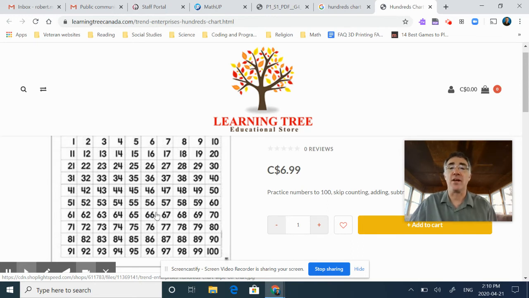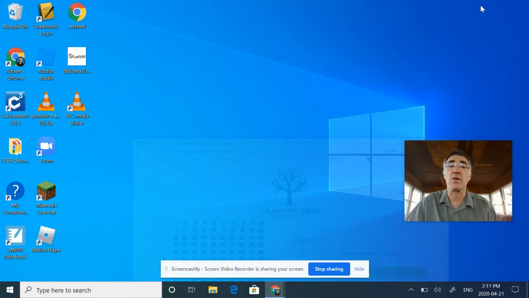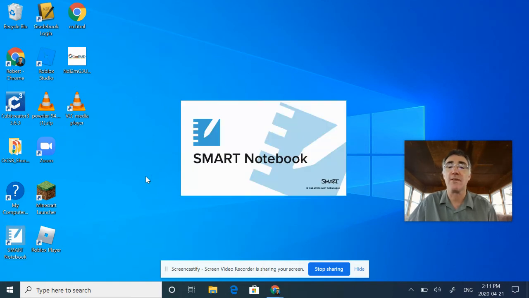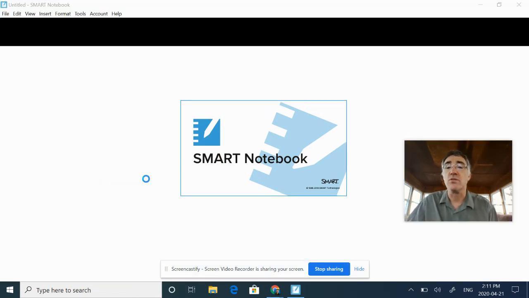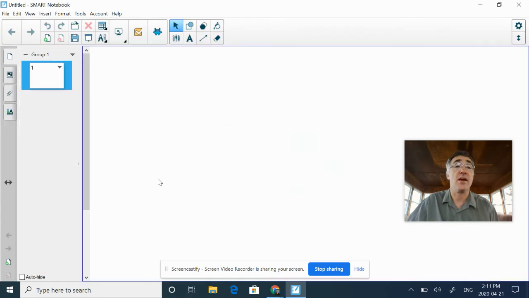And then finally, one other way is I can certainly always draw this, and there are a whole bunch of different ways I can accomplish that. But in this particular case, I'm just going to hop over to my Smart Notebook. And again, because I'm dealing with a large number such as 80, I'm going to use my base 10 once again.